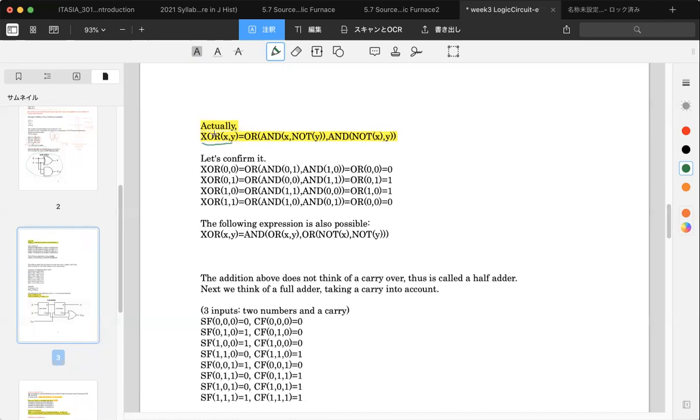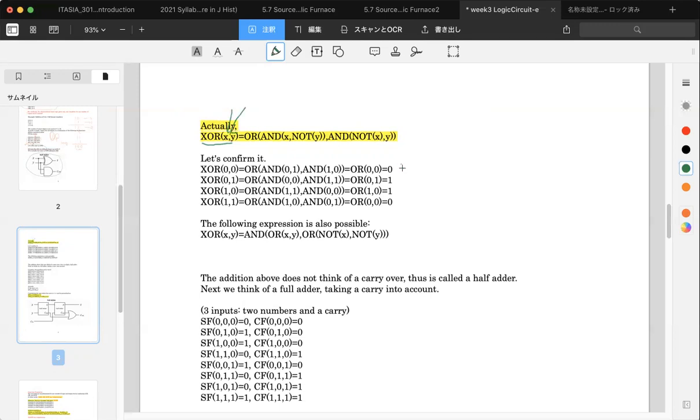If you attach some truth value to this x and this y, and the same truth value for the x and y here, we get the same output on the left side and on the right side every time. So these two expressions are equivalent. That's what he is suggesting.